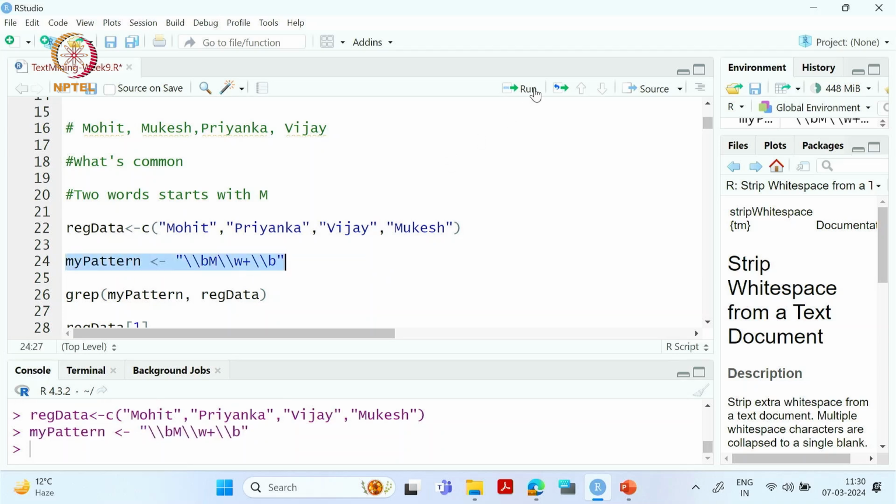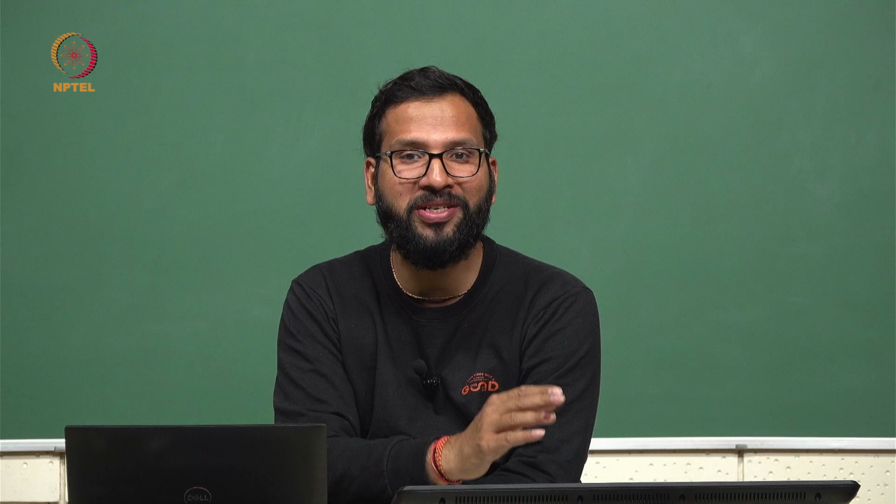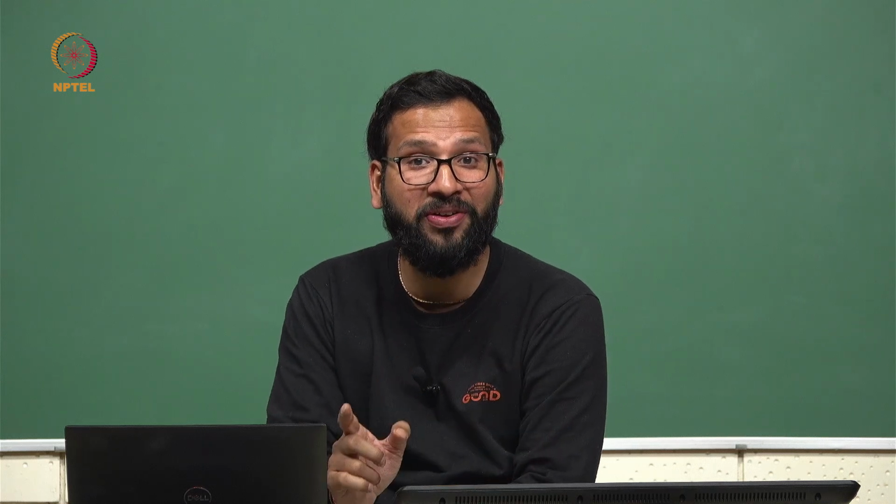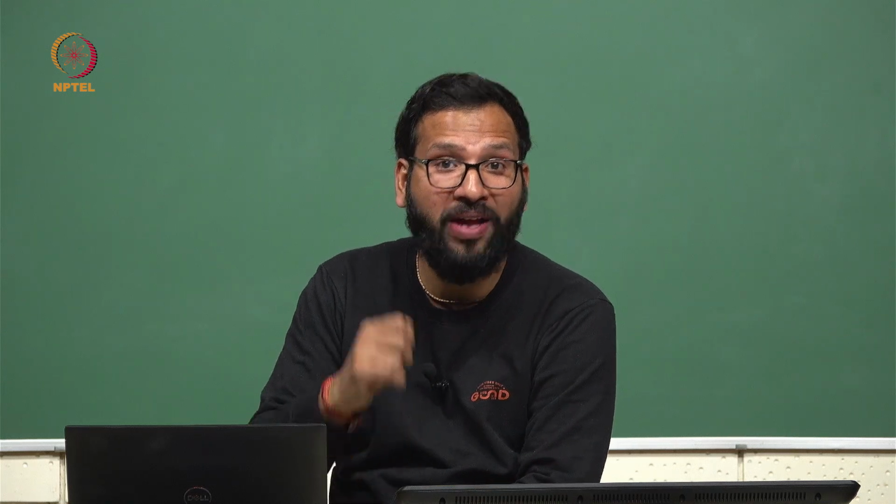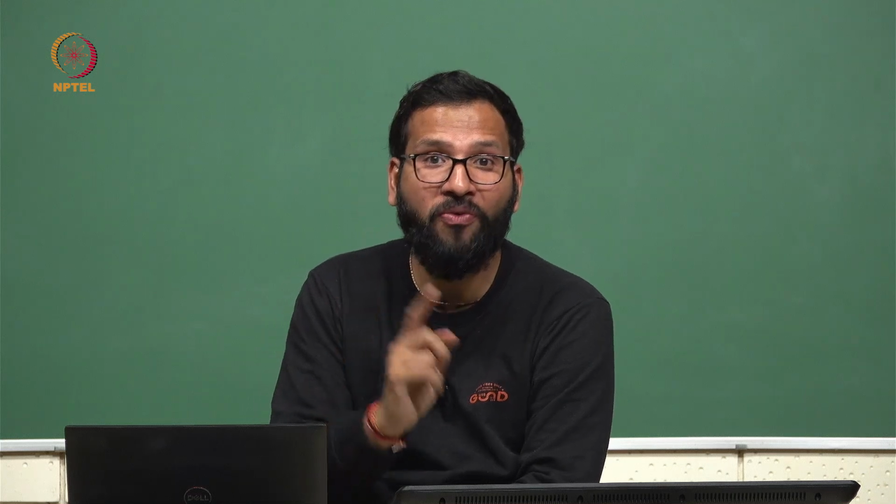Now I run this. In R we have a function called grep, which matches a pattern in a particular data set. Before using any function, what is the first thing we do? We understand how to use it with the question mark sign.